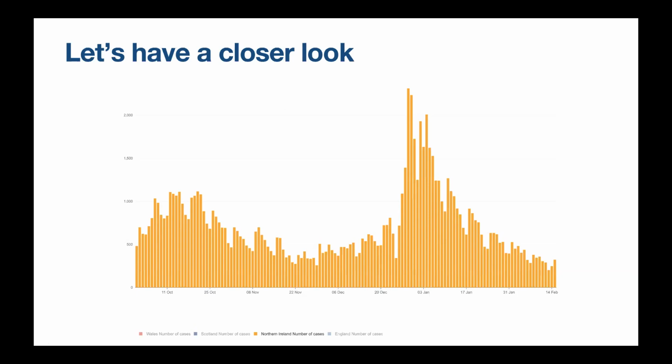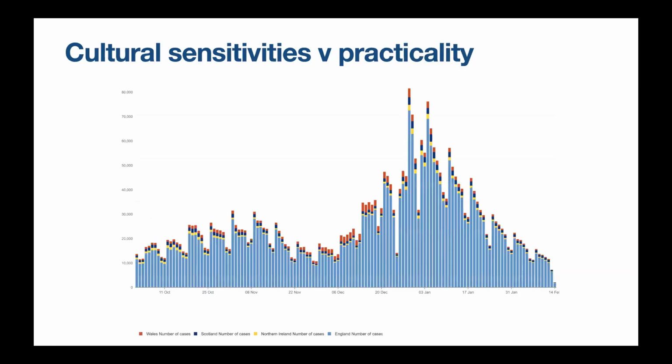We are not trying to make any statements, but we need to be mindful of cultural sensitivities. So that is why we decided against using orange anywhere in the service, as well as green, just in case we accidentally associate it with Northern Ireland. And that is an important thing. This is just an example of one of the considerations that we have to be mindful of.